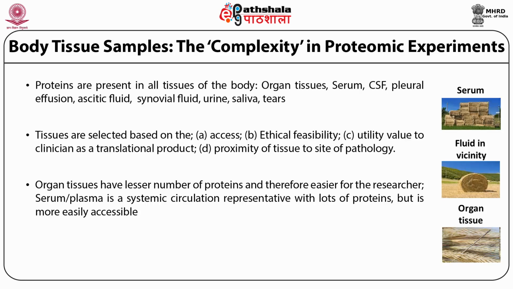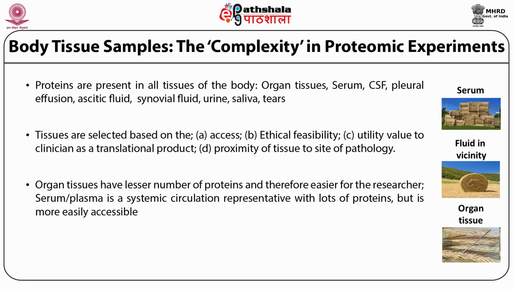of differentially expressed proteins. Whereas serum or even plasma is a systemic circulation tissue and represents a lot of proteins, and it becomes that much more difficult to identify certain biomarkers in a systemic circulation, which represents all the possible pathological and physiological events that could possibly be taking place in the body, but it is that much more easily accessible.